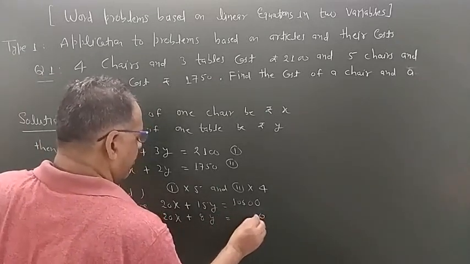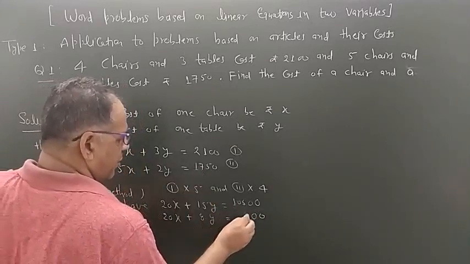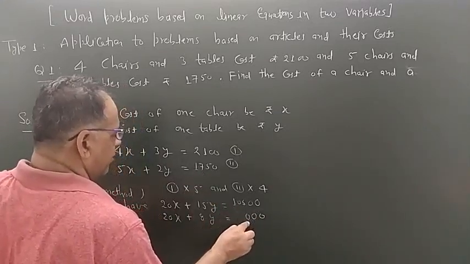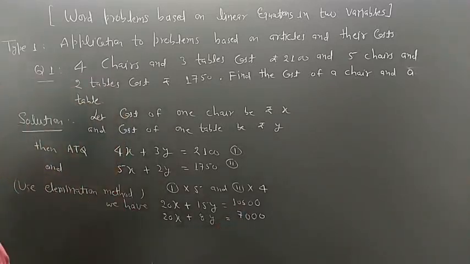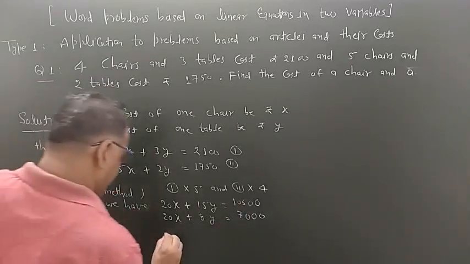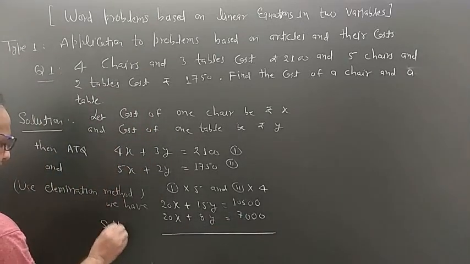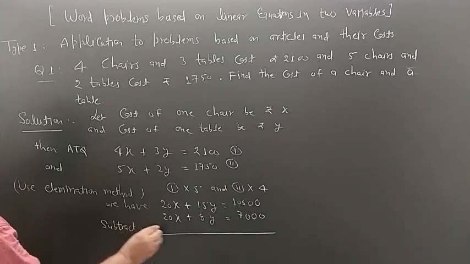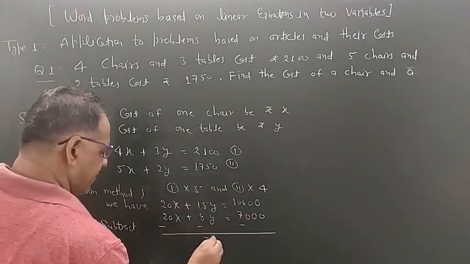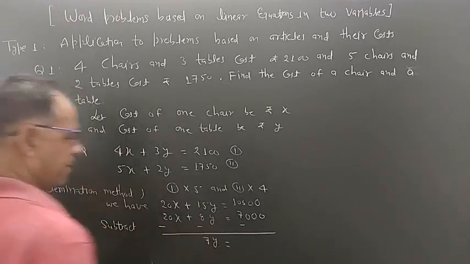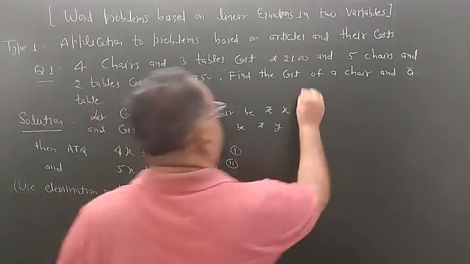Similarly, second equation multiplied by 4, so we have 20x plus 8y equal to 7,000. Subtract now. We have here 7y equal to 3,500.